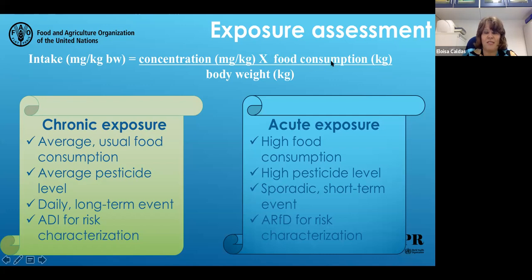conduct exposure assessment. In the exposure assessment, you need to estimate the exposure for chronic exposure and for acute exposure. For chronic exposure, it's normally a lifetime exposure. Since you are a child until you are done with your life on this planet.